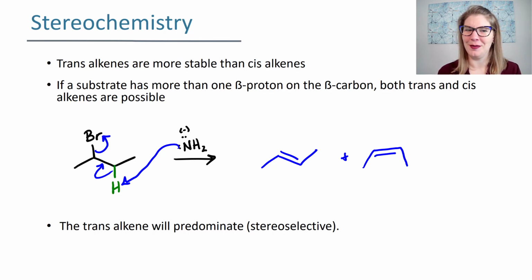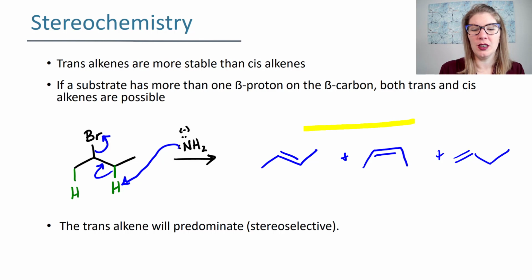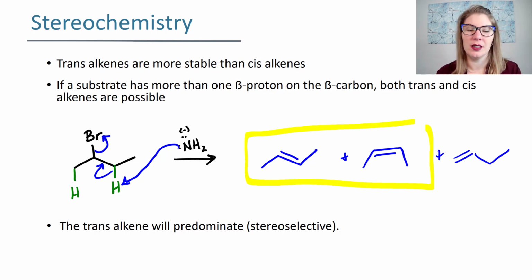The next problem is that you can also pull off a different proton. So you can pull off this proton over here, and if you pulled off the proton on the left-hand side of the molecule, what you would end up with would be different regiochemistry. These 2 are stereoisomers.